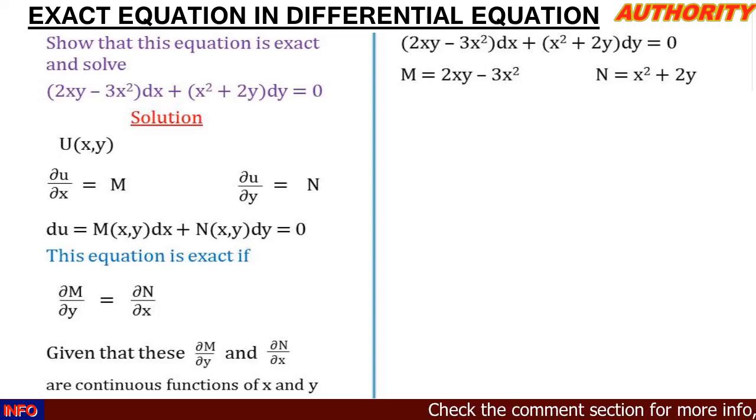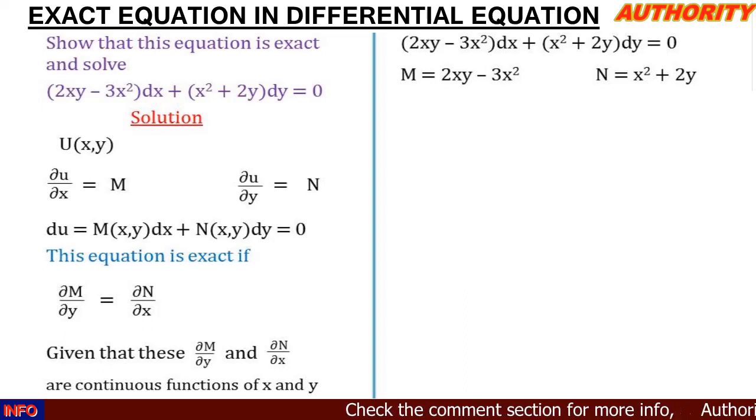In the equation, 2xy − 3x² is the part that is having the x, so M is equal to 2xy − 3x². Is that correct? Good. The next section is the part that is having the y, which is x² + 2y. So N is equal to x² + 2y.